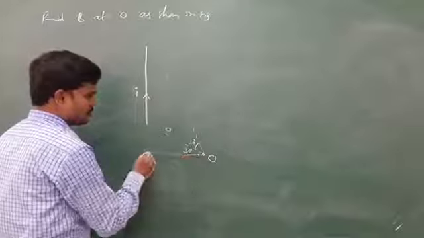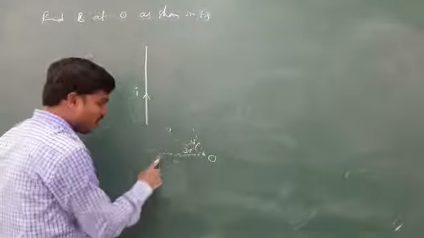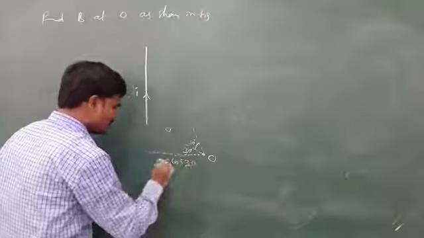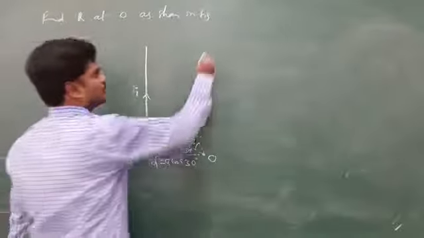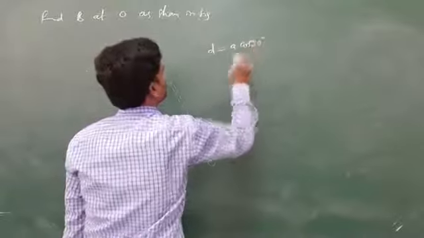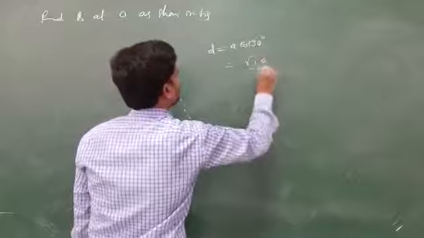For this wire, A is not the perpendicular distance. So A cos 30 is the perpendicular distance, which is root 3 A by 2.